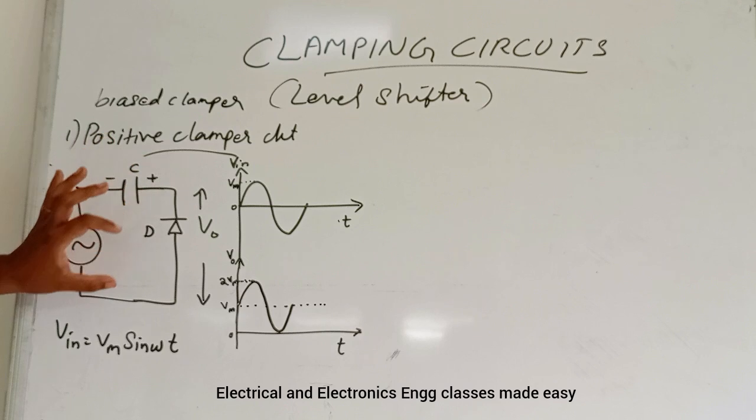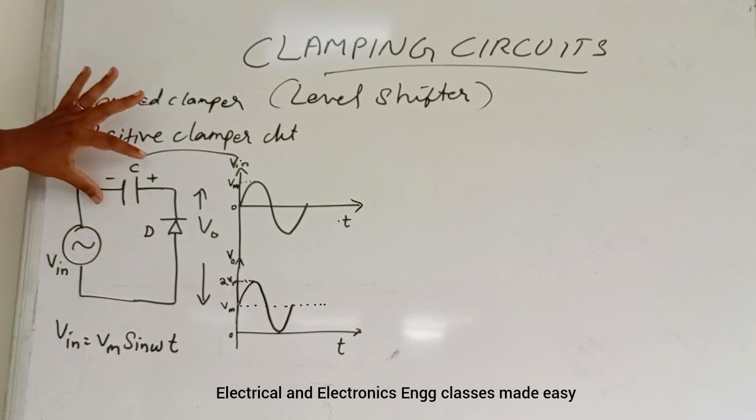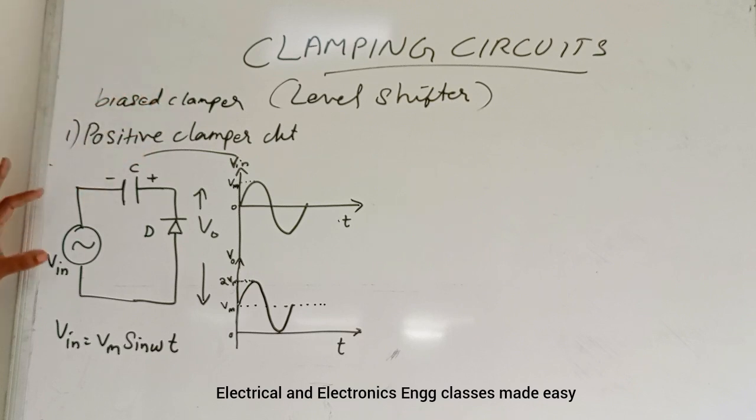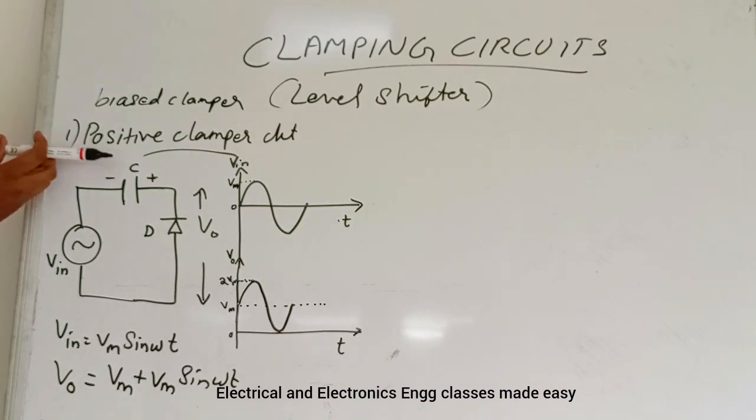During the positive half cycle, the diode is open and the voltage across the capacitor is Vm. The output voltage V0 will be Vm plus Vm sin omega t, that is, the voltage across the capacitor plus the input voltage.